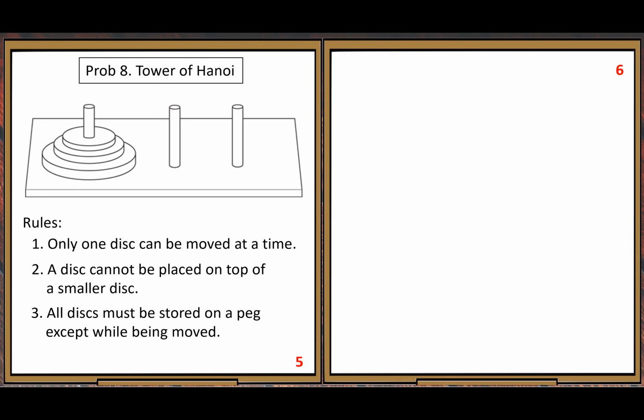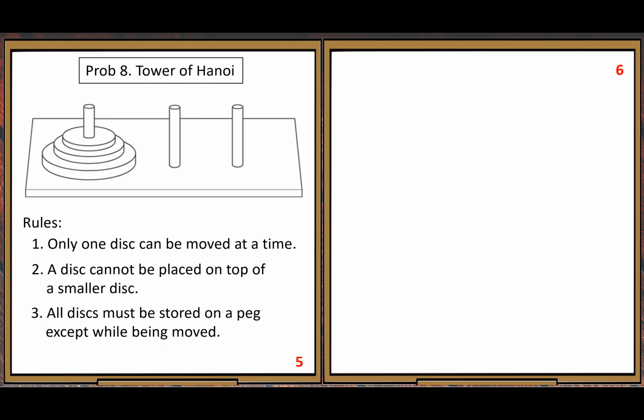It means you cannot put a disk on the table temporarily. Otherwise, too easy, right? If you're allowed to spread some disks on the table or floor, then it's too easy. So in order to make the problem more challenging, we need the 3rd rule. You have to use one of the 3 pegs, no other places.